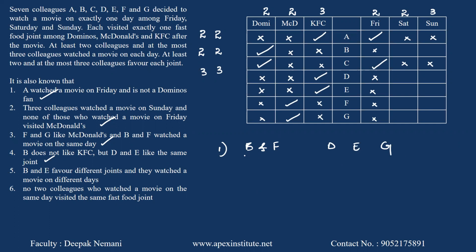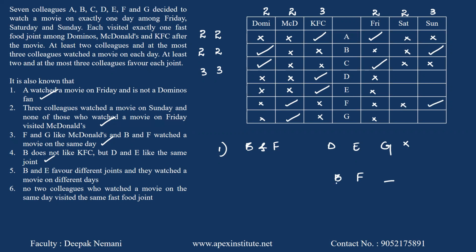If B and F have watched a movie on Saturday, then you should have D, E, G watching a movie on Sunday. Now, can we have D and E watching a movie together? No, because they like the same joint. So this is not possible. So now I can say that B and F have watched a movie on Sunday for sure.